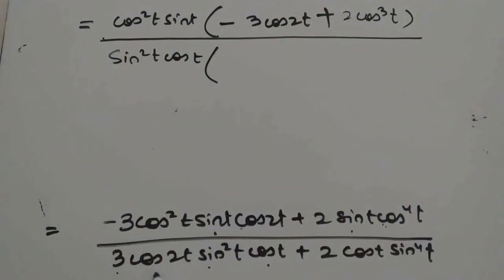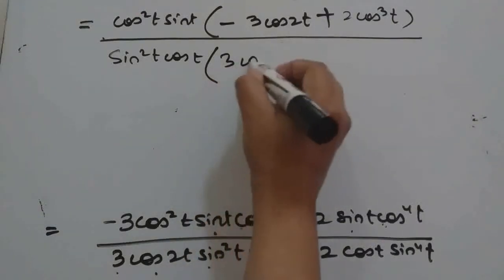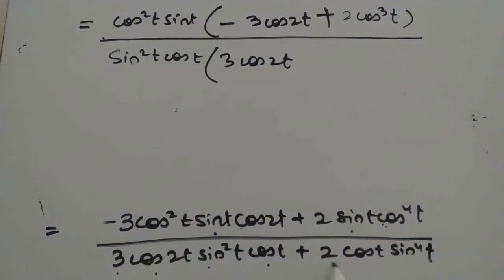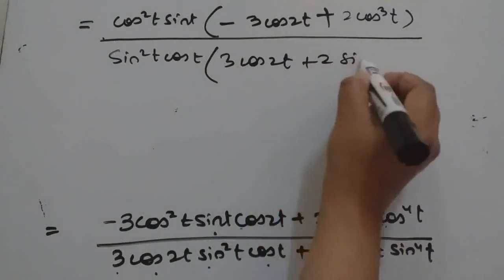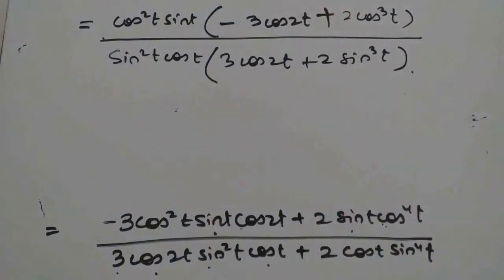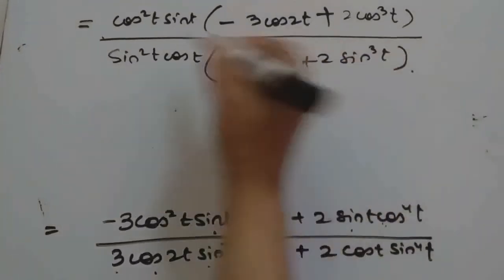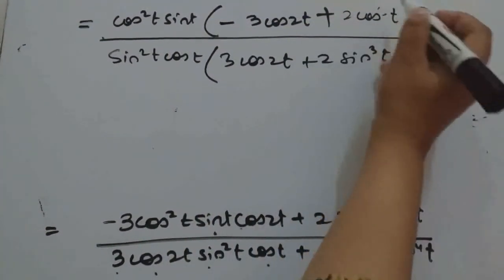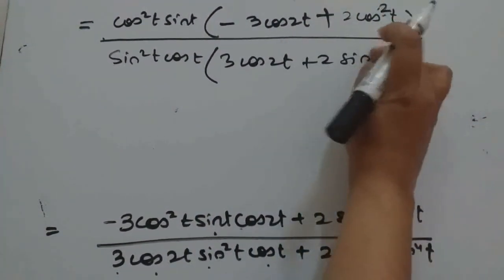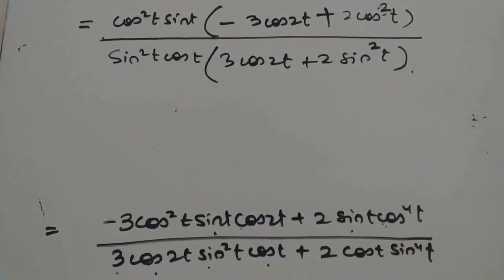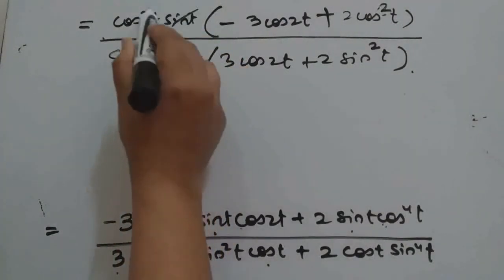So 3 cos 2t and plus 2 sin cube t. See, cos square if we are taking, so cos t, cos square t, and here sin square t will remain. Now what we can do here, see, sin t will go, cos t will go.